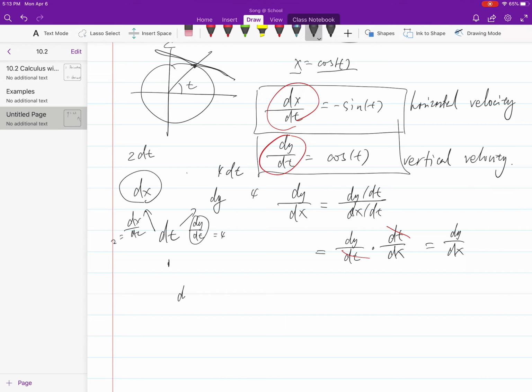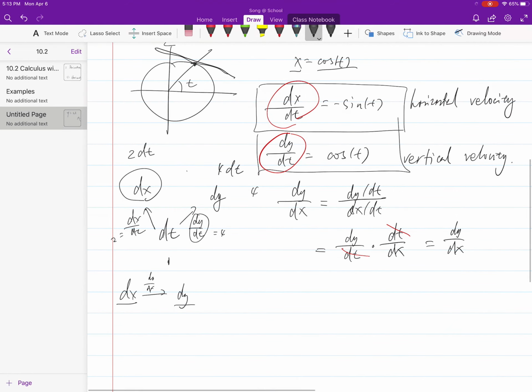Great. Now your question becomes: what is dy over dx, right? dy over dx is basically telling you the ratio: if x changes a little bit, how much is y going to change, what's the multiplier. With the example we have here, if your x changes by 1, and x is twice the change of dt, then dt is going to change by 0.5 in order for x to change by 1.